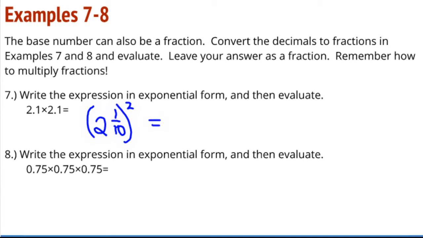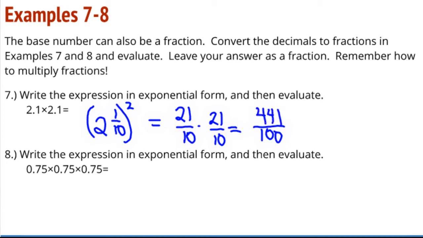Probably the easiest for what we're doing right now would be to take the 2 1/10 and turn it into 21/10 times 21/10. So we're going to get hundredths, and we've got 21 times 21, which is going to give us 441. And if we take that 441 and divide it by 100, we get 4 41/100ths.